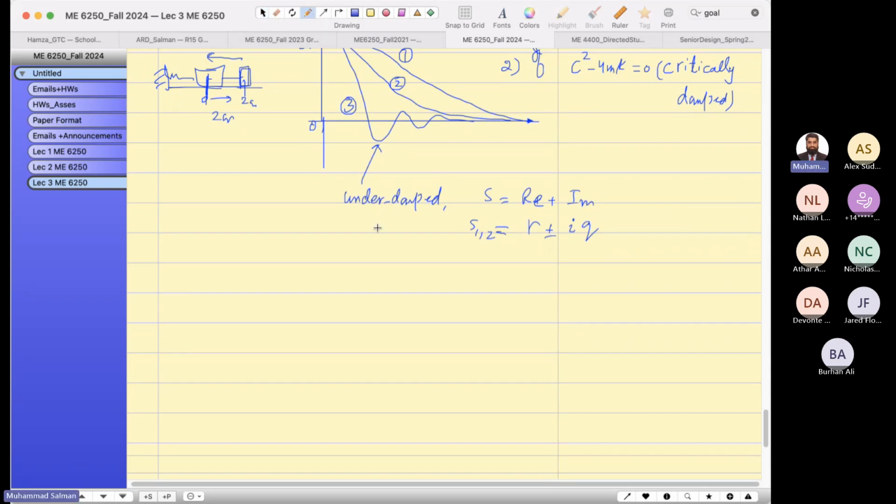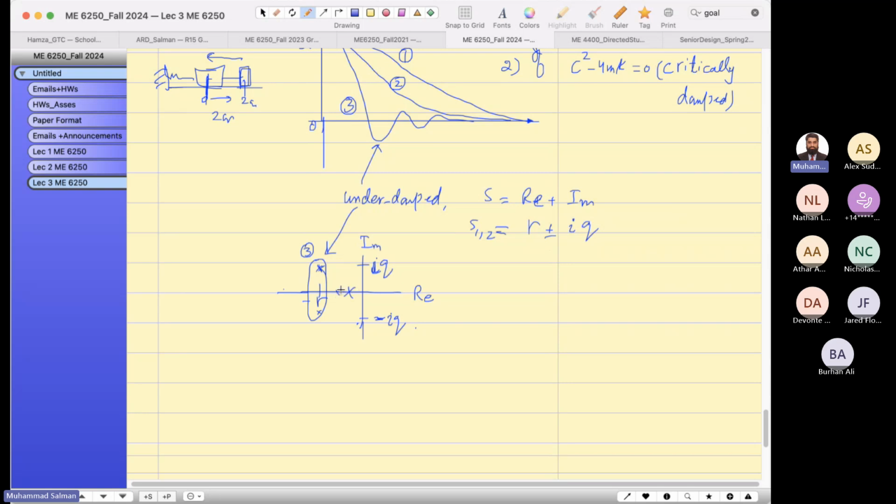If you draw these roots on the Laplace plane, the real and imaginary plane, also known as the Laplace plane, you see the complex roots in the form of jq and minus jq, with this being the real part. Complex roots, which are always present as a complex conjugate pair, are the case of an underdamped system.